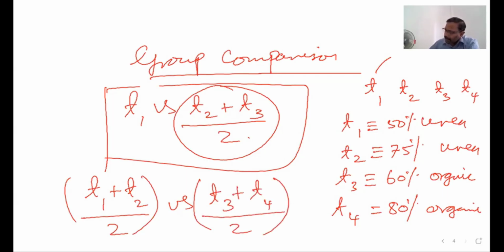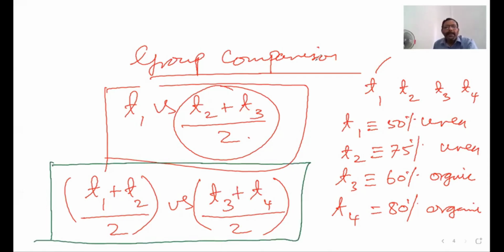Can you tell me how this comparison could be expressed? In a real example, T1, T2, T3, T4 are the 4 treatments. Now I'm comparing the average of T1 and T2 versus the average of T3 and T4.